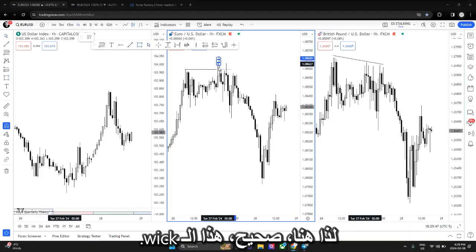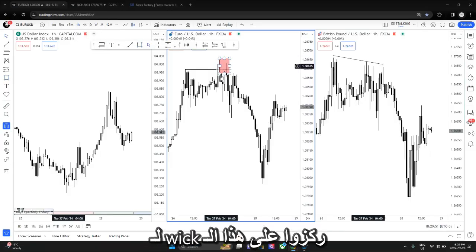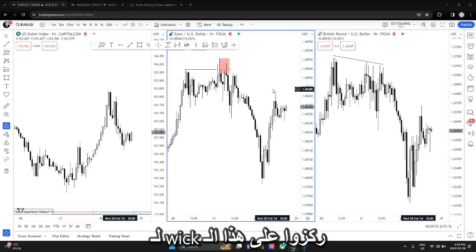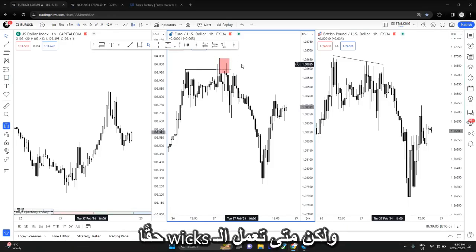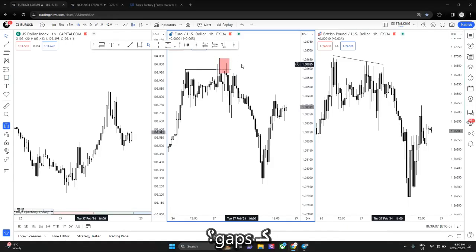So right here, right, this wick. Focus on this wick for a minute. This is a specific wick. Right? So this wick right here, remember, wicks are gaps. But when do wicks really function as gaps?